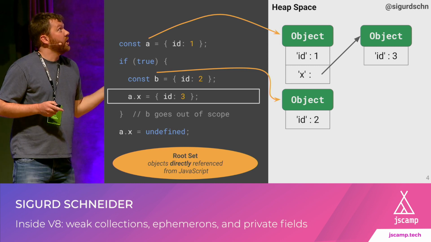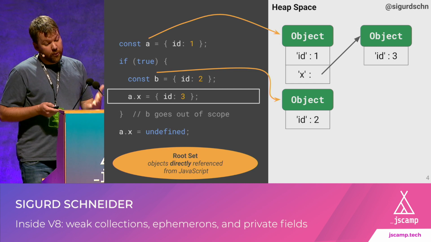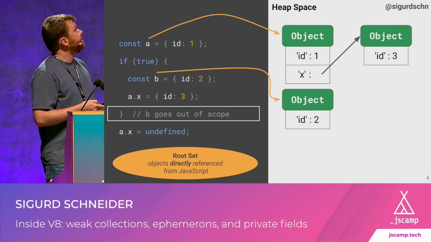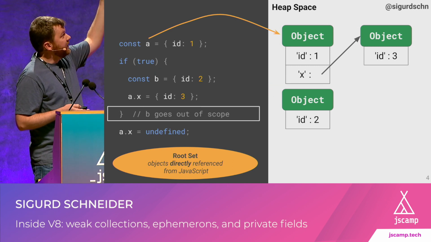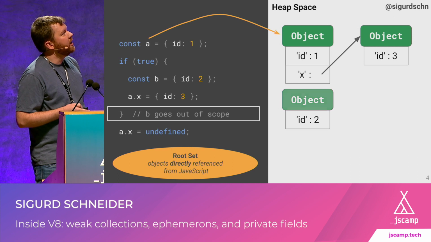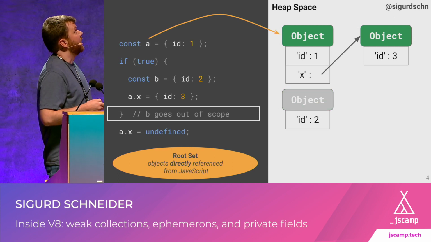And the root set can change, can evolve during the program execution. For example, here, b goes out of scope. And then b stops pointing to this object. It's not in the root set anymore, and this object becomes dead, and the garbage collection can clean it up.